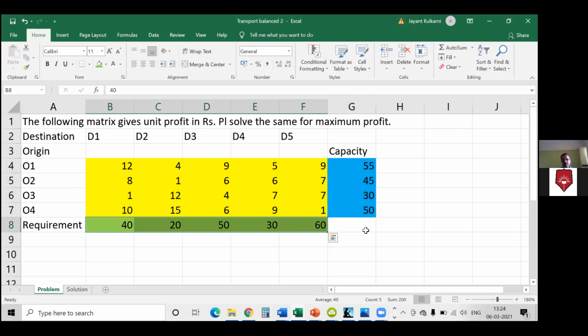Because the total supply does not match the total demand, this becomes an unbalanced transportation problem. Correct? So these two variations, fair enough? Okay, so I'll give you a minute to copy the information into your Excel and I will go ahead.